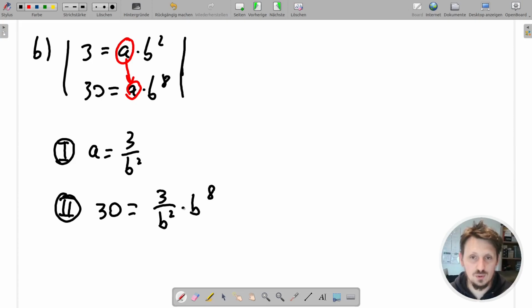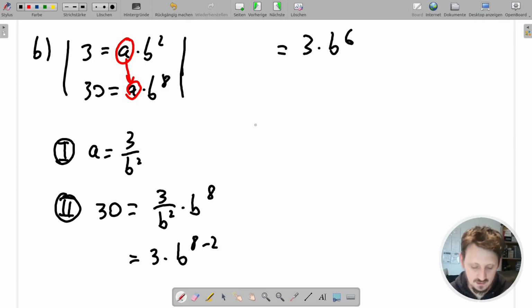Then we can use some power laws to get rid of this b in the denominator. So we write b to the power 8 divided by b to the power 2, which is the same as 3 times b to the power 8 minus 2. And this is, of course, 3 times b to the power 6.